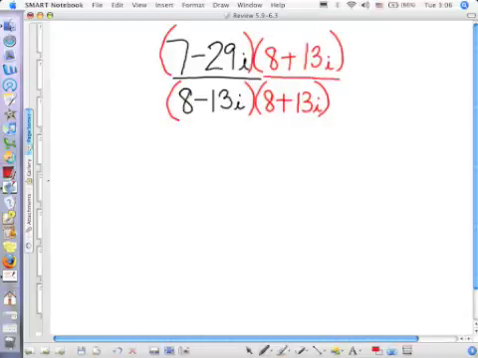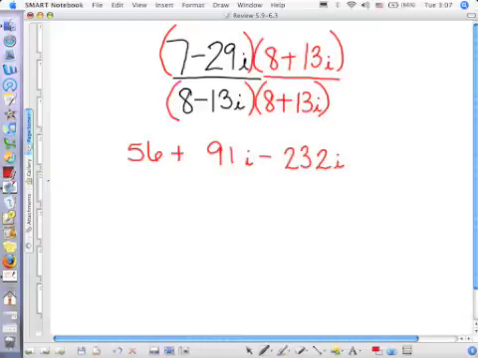Now in the numerator, we have to go through the entire process of FOIL. 7 times 8 is 56. Outer times outer is 7 times 13, which is 91i. Inner times inner is negative 29 times 8, which gives us negative 232i.